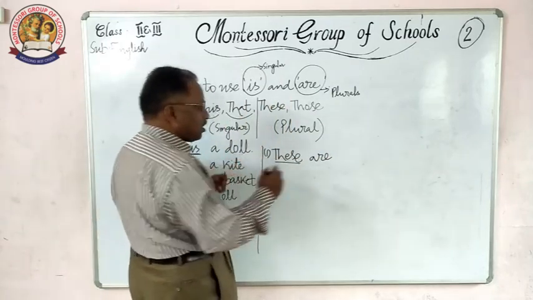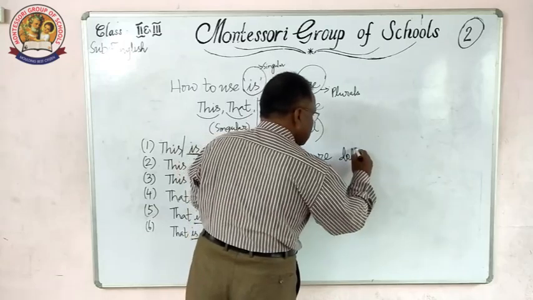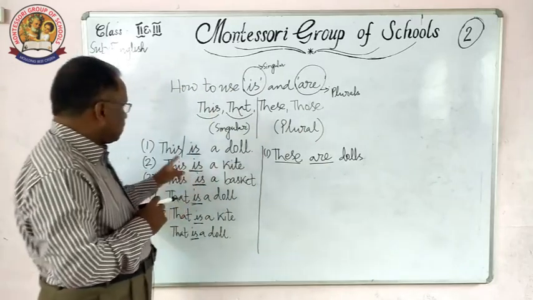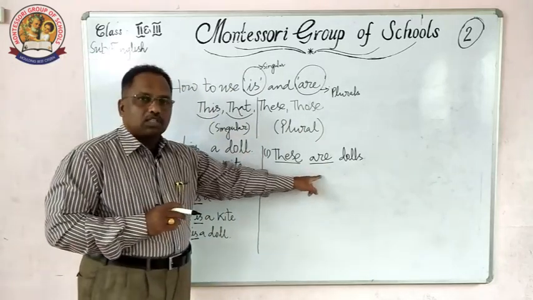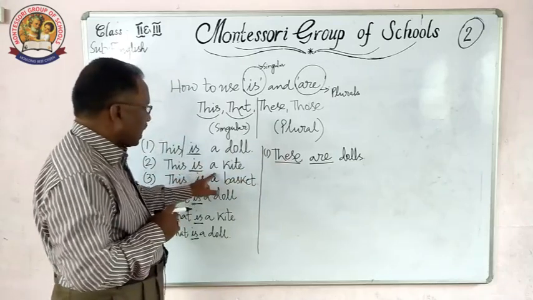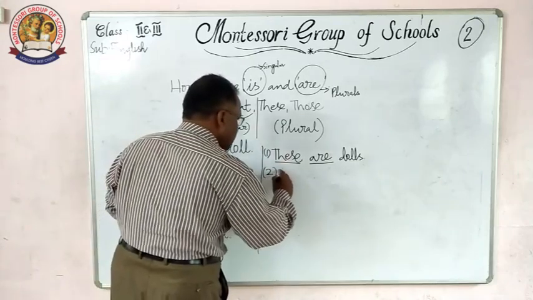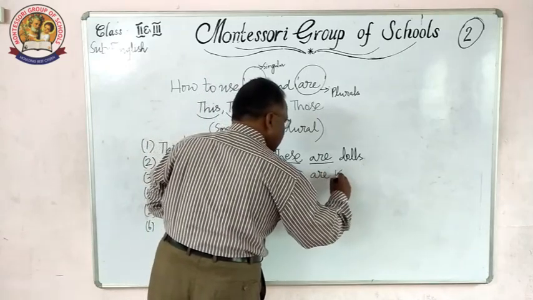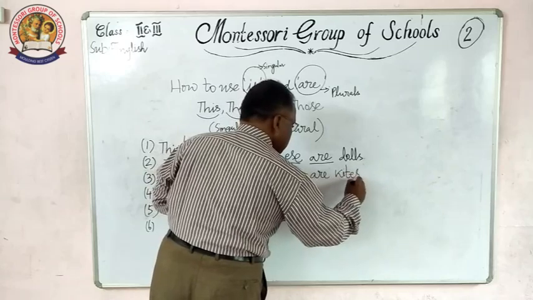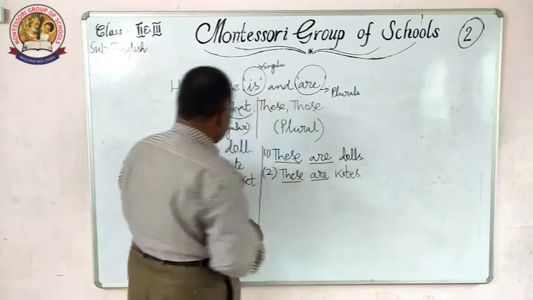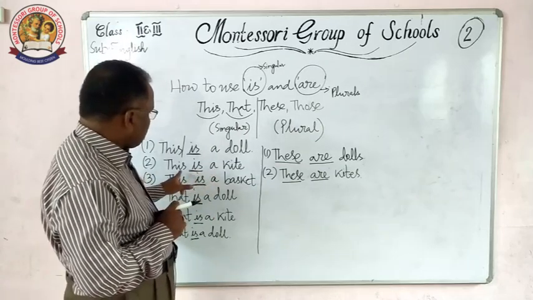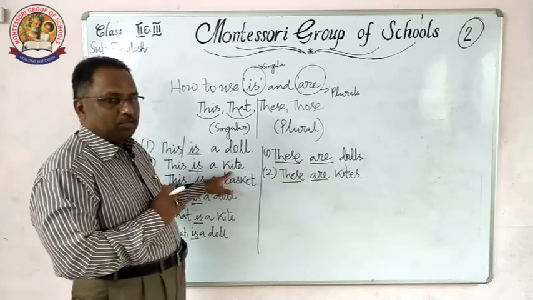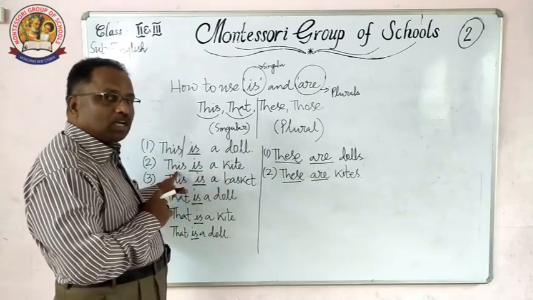Now here doll. Now I will write dolls. These are dolls. Now are is plural. This is a doll. These are dolls. Similarly, this is a kite. Now, we can write these are kites. When we are saying this is a kite, that means here we have only one kite because the pronoun is singular.